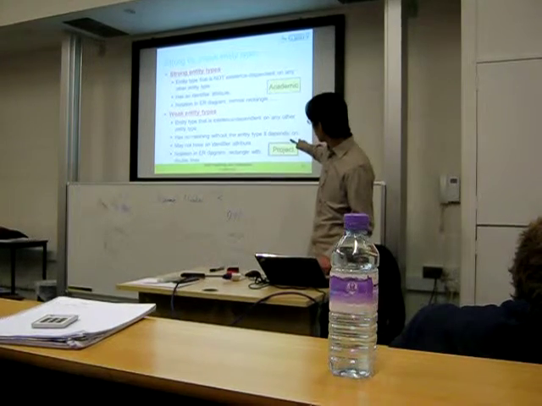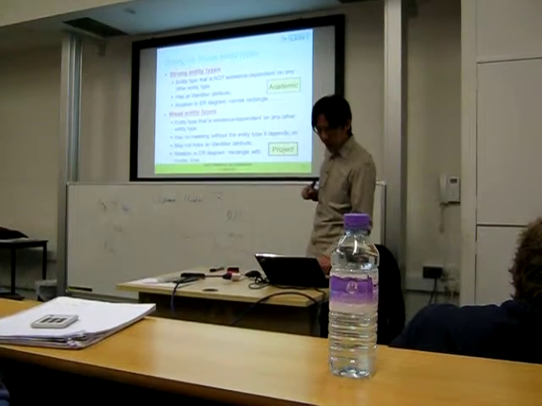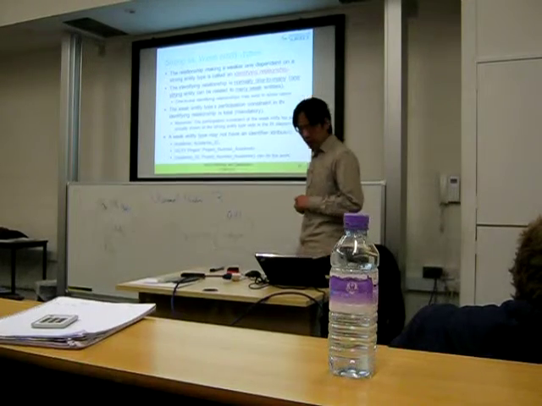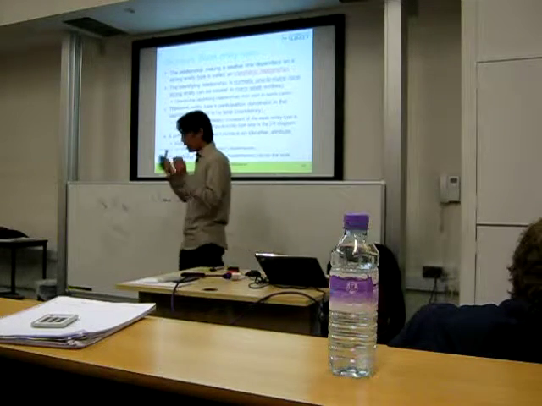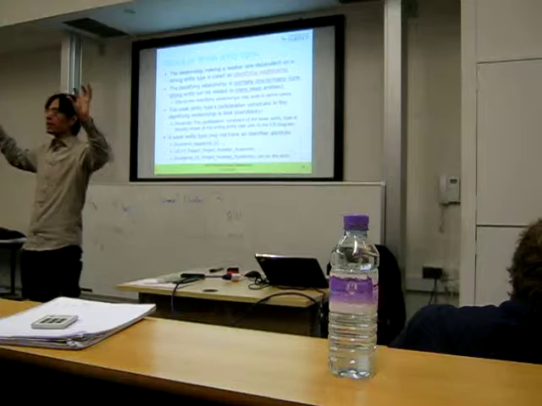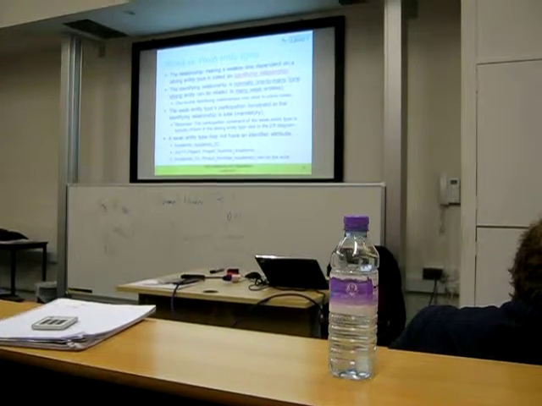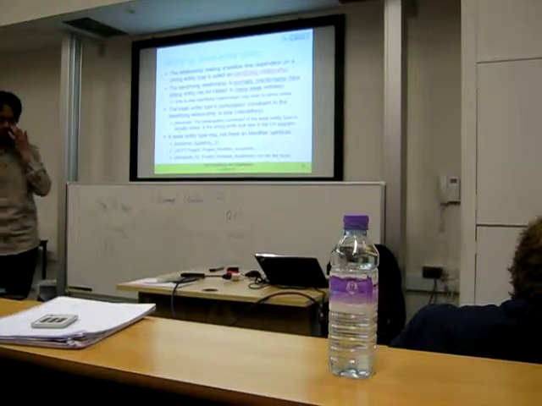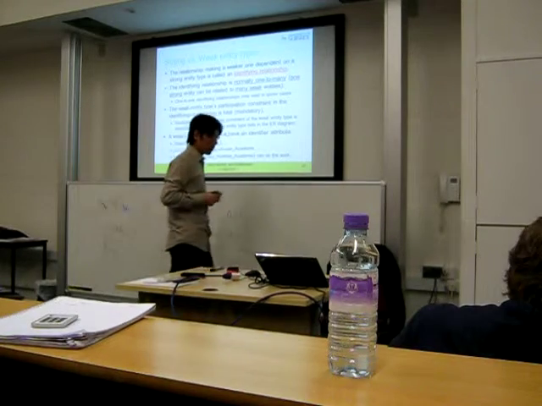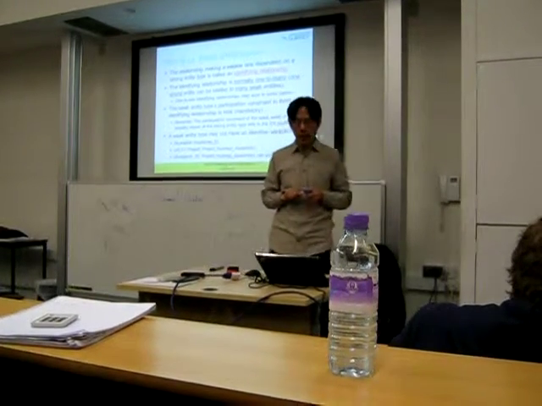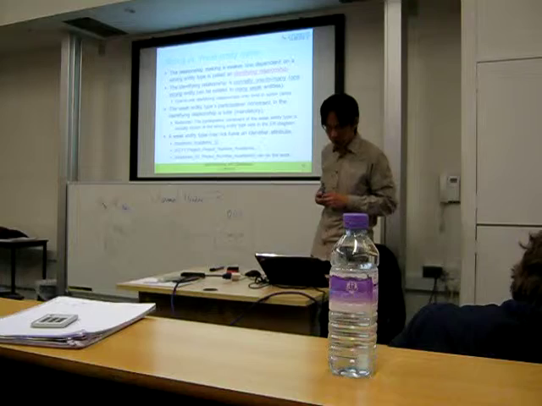The difference is weak ones use a double-line rectangle, and the relationship between the strong and the weak is called an identifying relationship, which means the strong can help to identify the weak one.